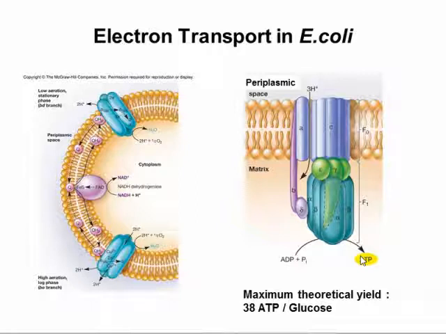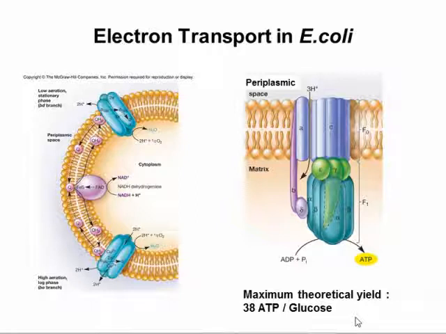Now, the big advantage of respiration compared to fermentation is the ATP yield is much higher. So the maximum, if there's really a lot of oxygen present, is 38 ATP per molecule of glucose. So that's almost 20 times more efficient in terms of ATP generation.